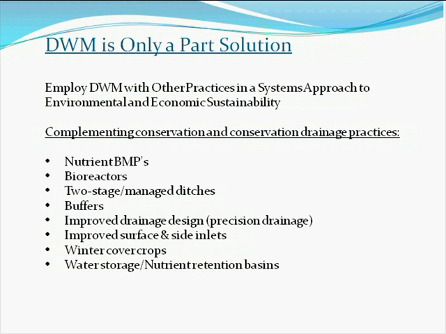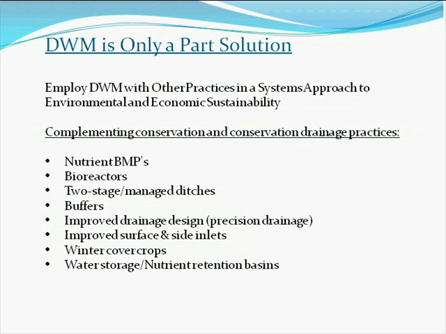For example, complementing conservation and drainage practices could be nutrient BMPs, bioreactors, two-stage, managed ditches. We have miles and miles of ditches, and certainly they provide the opportunity to hold back the nitrogen.